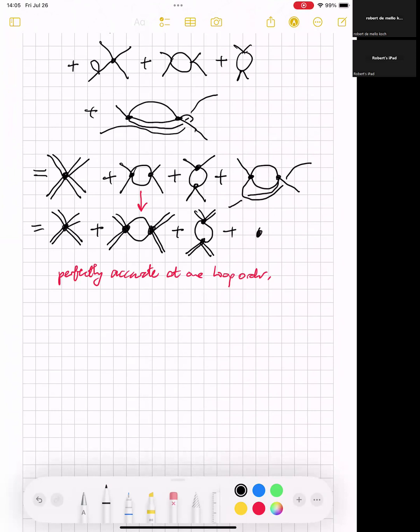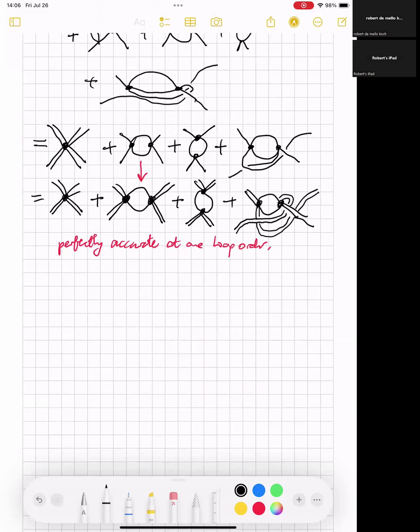And for this diagram, it's exactly the same. At one loop order, what we've done is perfectly accurate. Here we are. And then let's pull this one down the bottom through here, through there, up there. Okay. So we could make all of the external lines thick because to one loop order, that's perfectly okay.